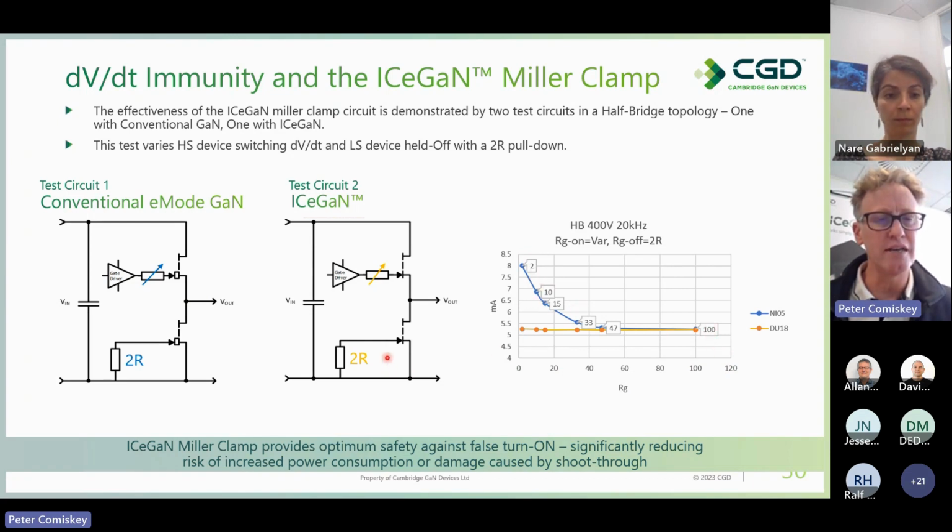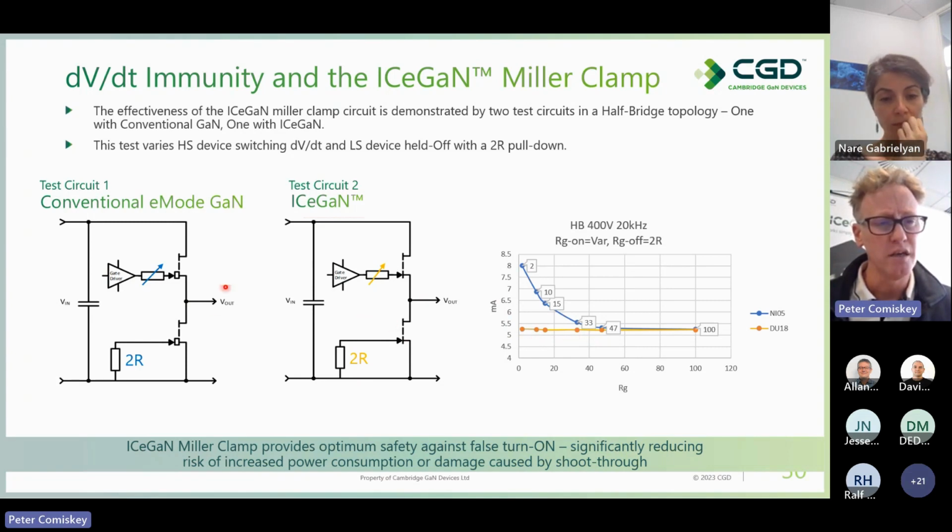And we can see in ICeGaN's case that the low side device does not turn on. What we're showing here is milliamps consumption by our test circuit, and with both switches off, the consumption is around 5.2 milliamps. What we want to see is that remain consistent throughout this testing.